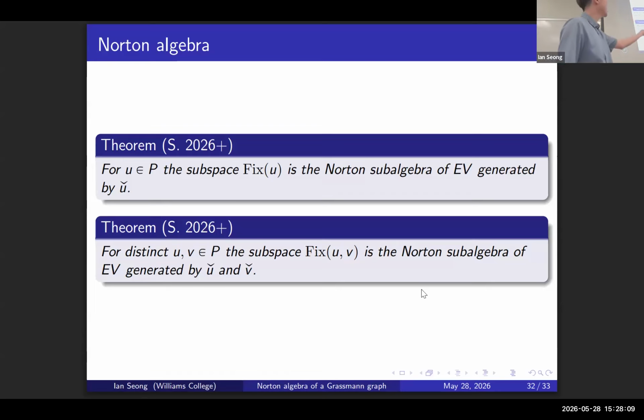And the subspace fixed uv happens to be the Norton subalgebra generated by u check and v check. So it is not only the case that fixed uv contains u check, v check, and their Norton product; in fact, these Norton products actually generate the Norton subalgebra within that big E_V.